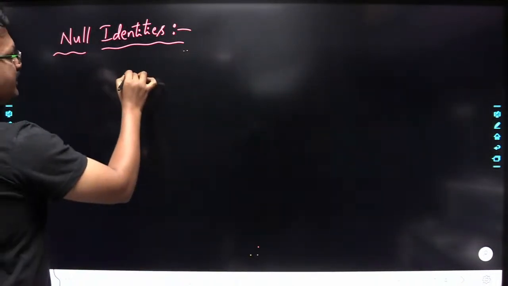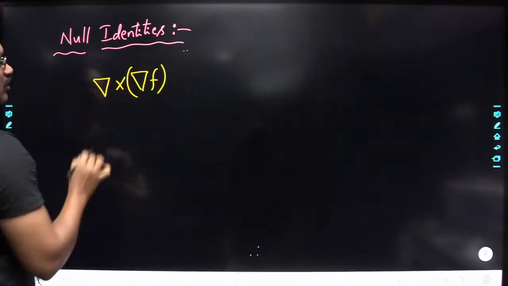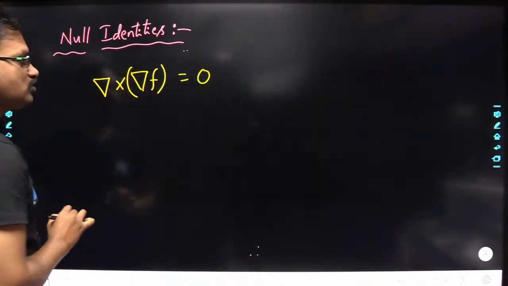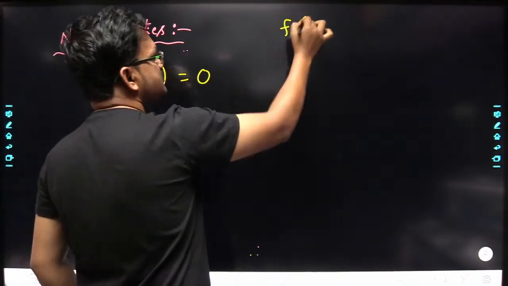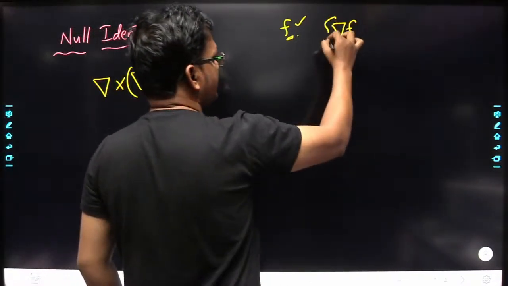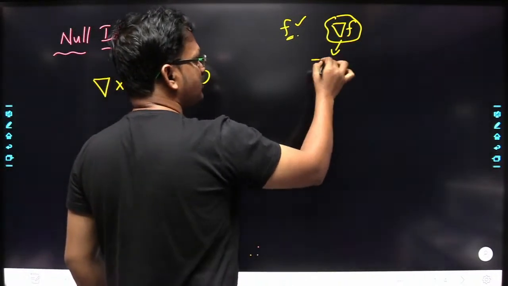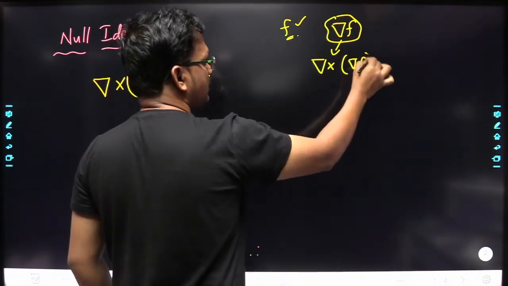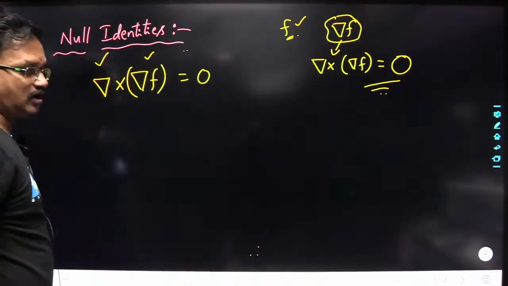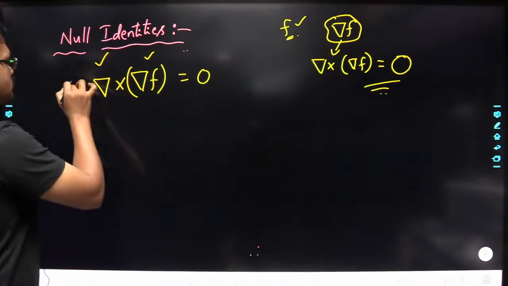You can calculate the gradient of any scalar function, and if you take the curl of the gradient of any scalar function, it is always equal to 0. Once you determine the gradient, you get some vector field, and if you determine the curl of this vector field, you will always get 0. So the curl of the gradient of a scalar function is always equal to 0. This is the first null identity.